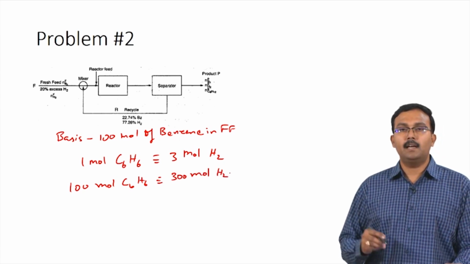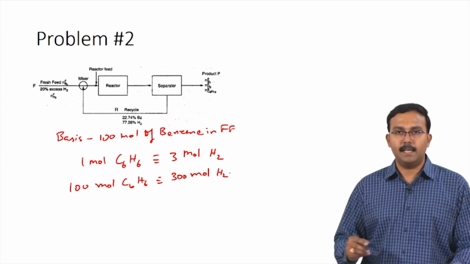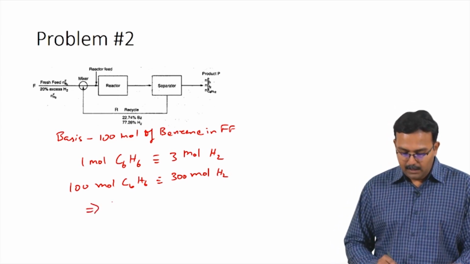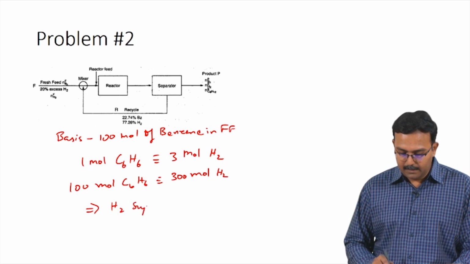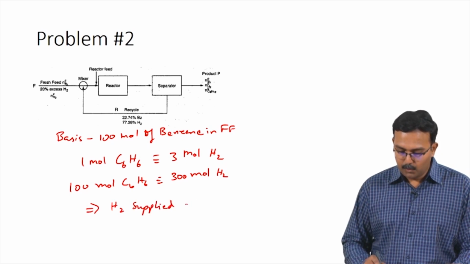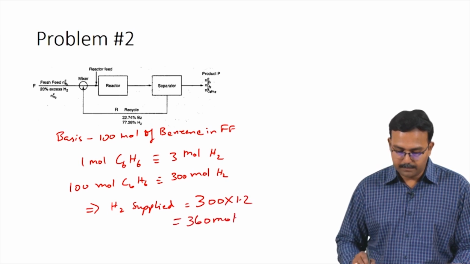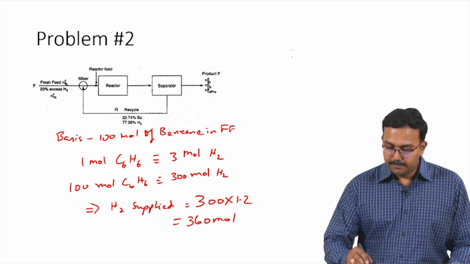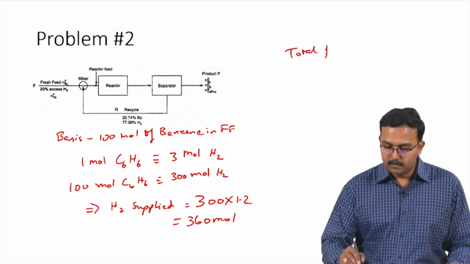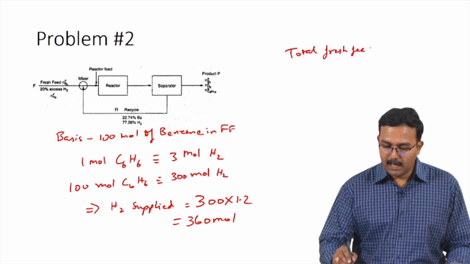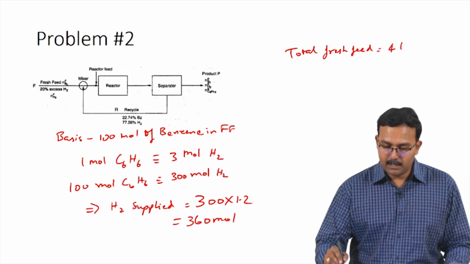We have been told that hydrogen is supplied at 20% excess. This means hydrogen supplied would be equal to 300 times 1.2 giving you 360 moles. So, the total fresh feed we have would be 460 moles.